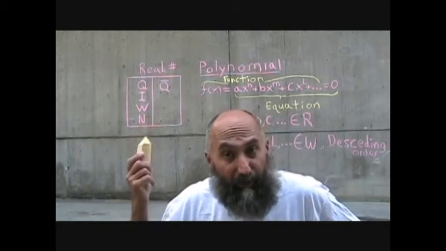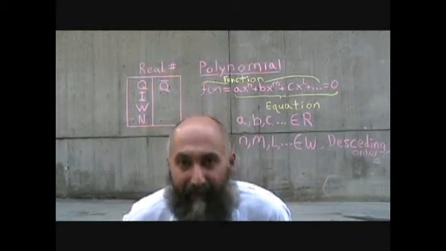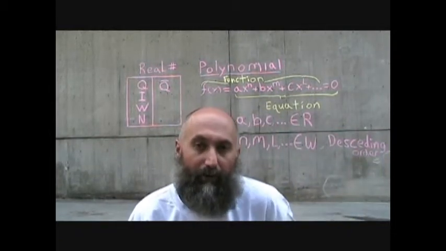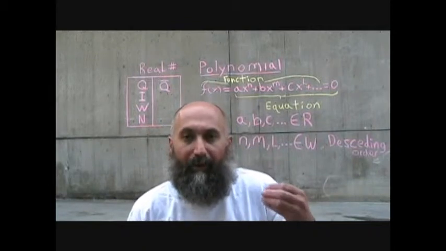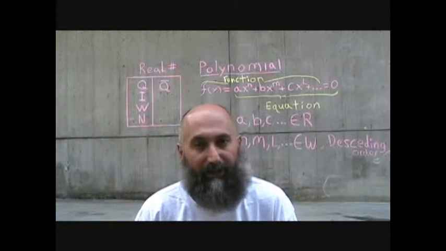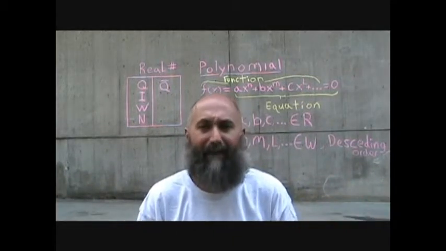So, we have the real number set here, and in here, on this side, we have our polynomials. And polynomials are one of the main branches of functions. Polynomial functions and polynomial equations are a huge section in mathematics.